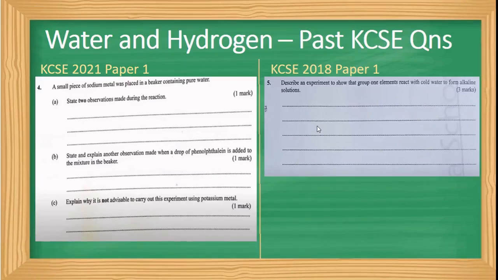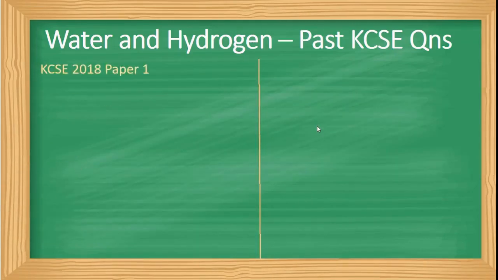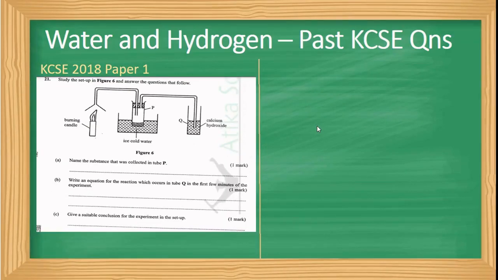The alkaline solutions, as you said, hydroxides are formed whenever a metal reacts with cold water, and hydroxides are alkaline compounds. Then KCSE 2018 paper 1 again, there was a question on the burning of a candle and the production of both water and carbon(IV) oxide, as we discussed earlier.